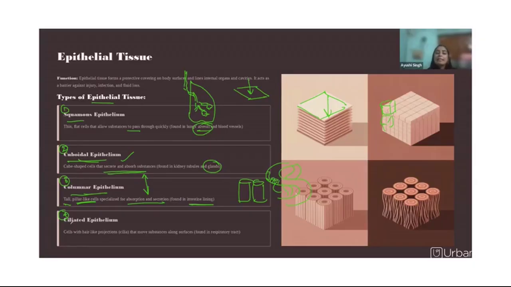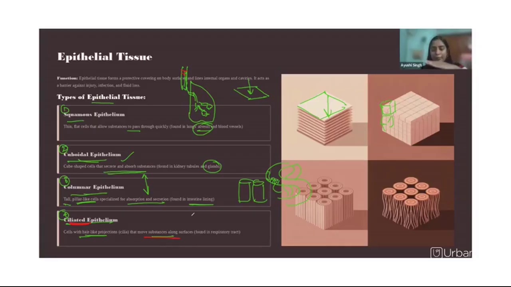And lastly, ciliated epithelium. These are cells with hair-like projections that move substances along the surface. We were talking about the trachea, no? So the trachea has this hair-like structure present, and that is made up of ciliated epithelium. And this hair-like structure helps the substance move along the surface.